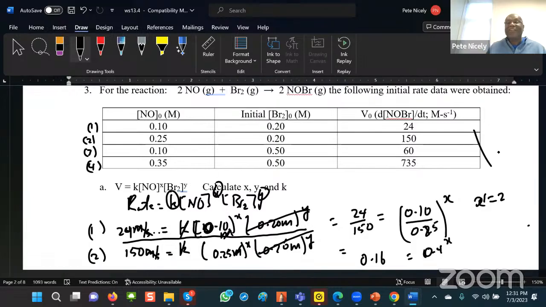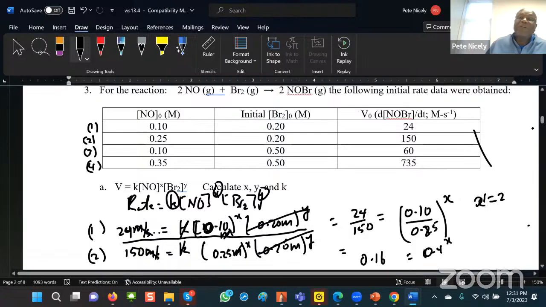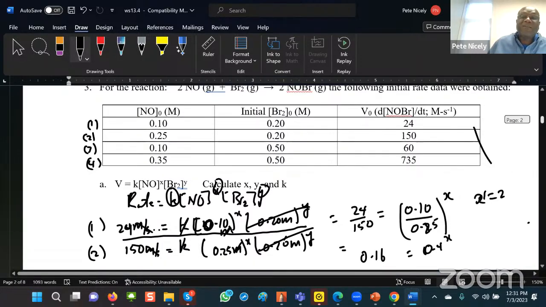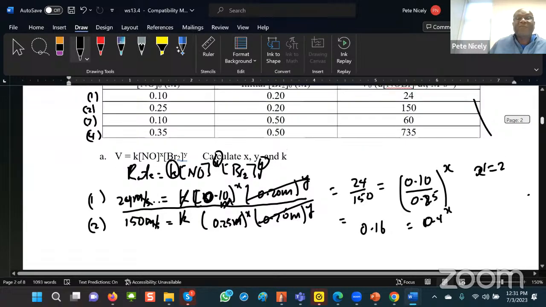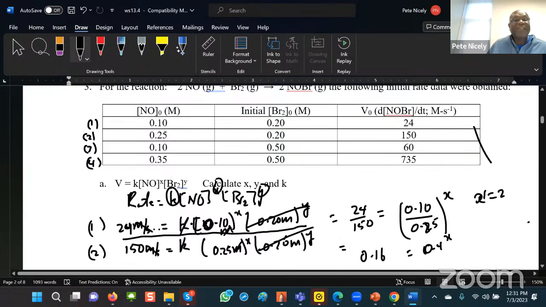Now we need to do the same thing for bromine. Which experiment shall we use? To get bromine, we have to choose 2 sets of data where the concentration of NO is fixed.